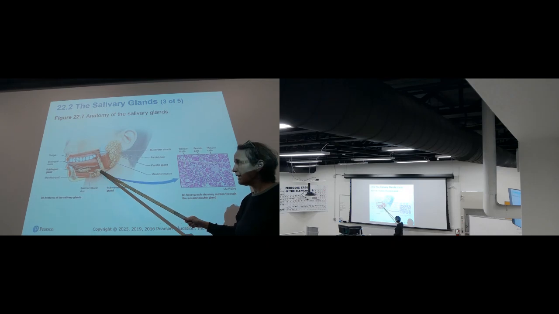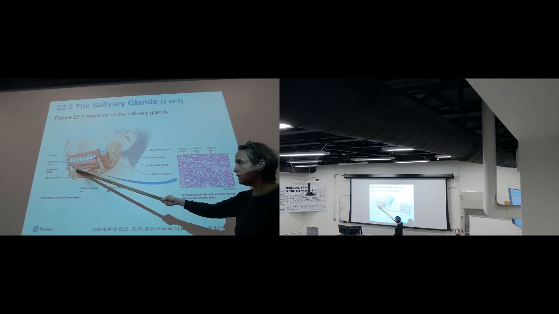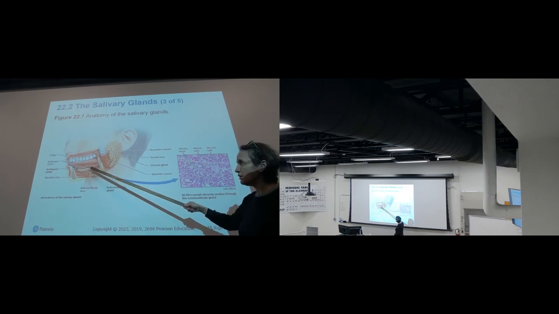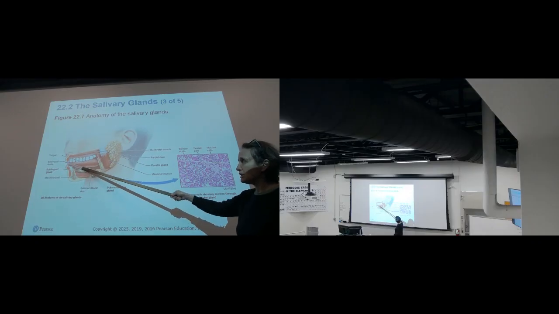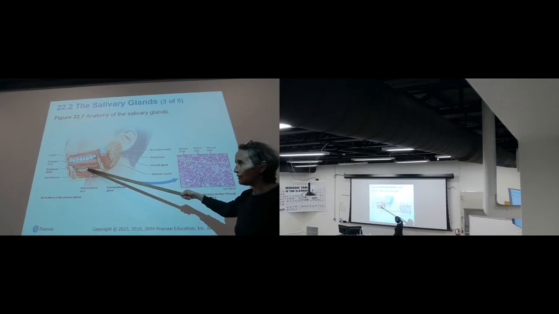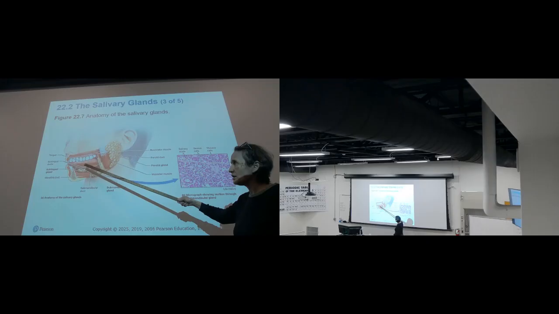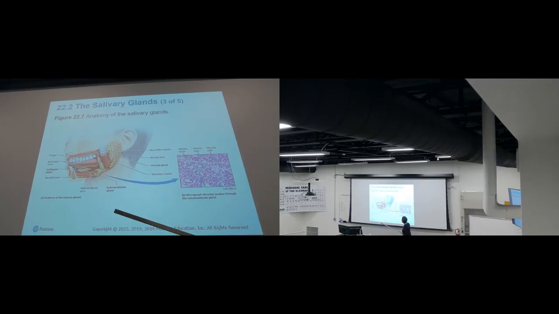The submandibular gland drains into the sides of the lingual frenulum by the submandibular duct, and then the sublingual gland has 10 to 12 sublingual ducts that empty into the sides of this lingual frenulum.